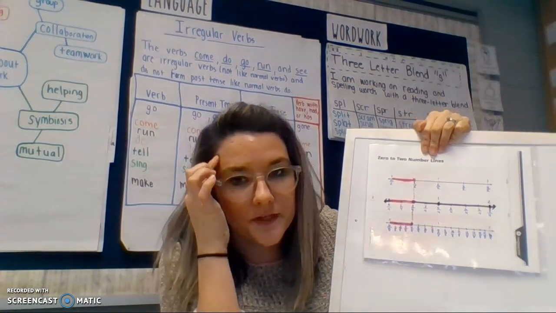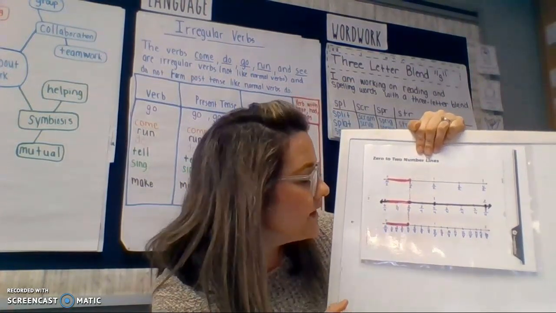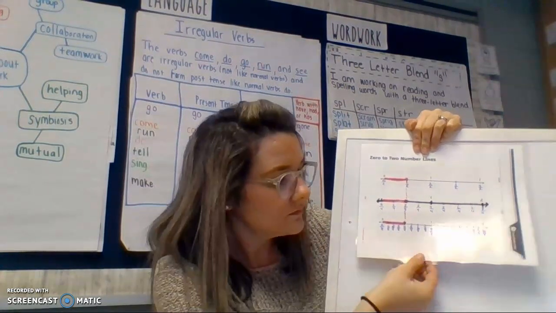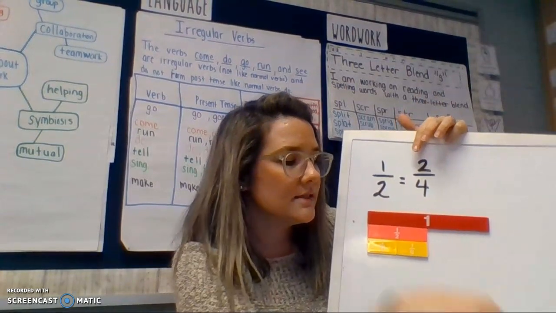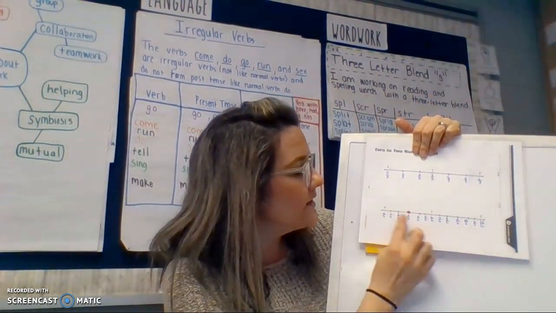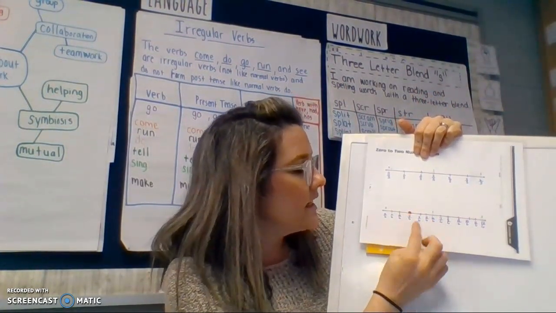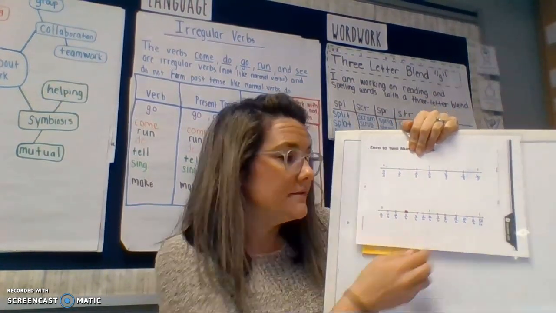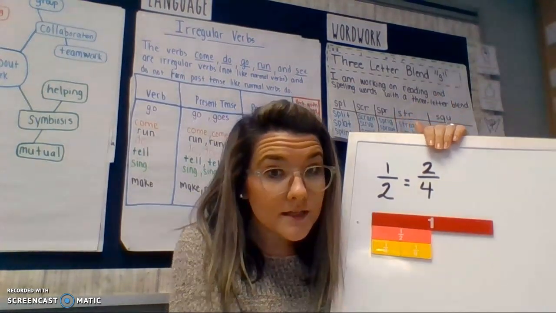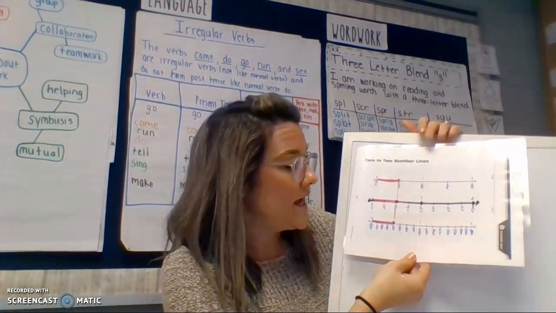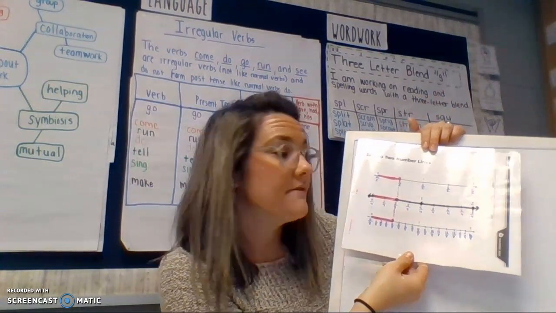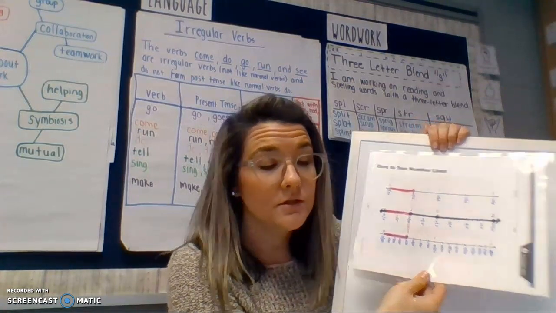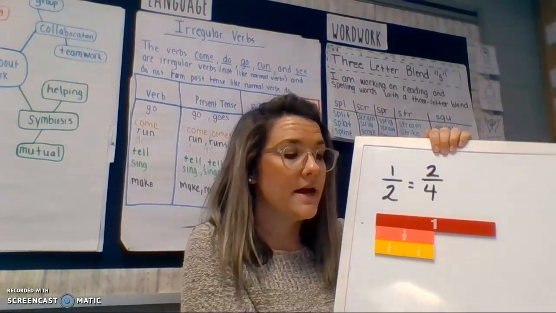4/8, if you think about the number 8, 4 is right in the middle from 0 to 8, 4/8. Same with 3/6. If you're thinking of the number line 0 to 6, 3 is right in the middle. 3 is half of 6. 4 is half of 8, 4/8. 2 is half of 4, 2/4. 1 is half of 2, 1/2.